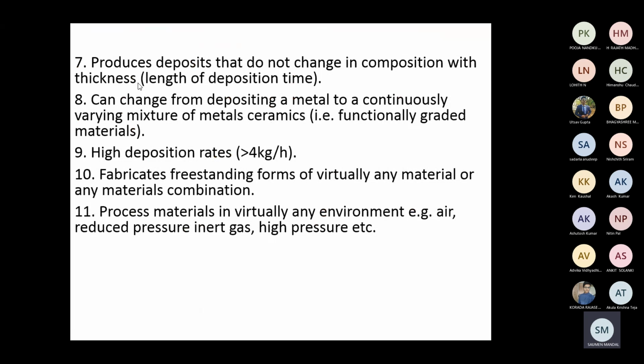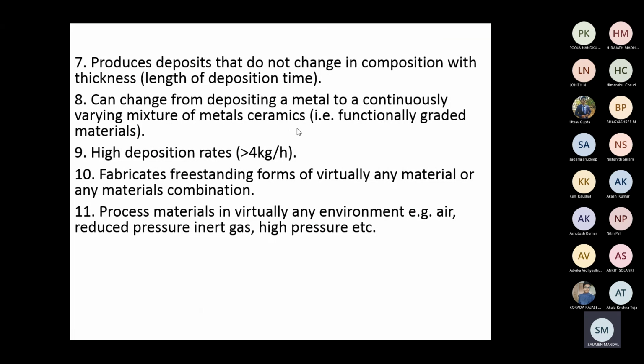Sometimes we need very high thickness, like for an implant. On top of an implant, if you want to make a hydroxyapatite coating, minimum 100 micron is required. This kind of high thickness is easily possible by plasma spray coating, but 100 micron is practically impossible by any physical vapor deposition. It can also change from depositing a metal to a continuously varying mixture of metal, ceramics, or functionally graded material.